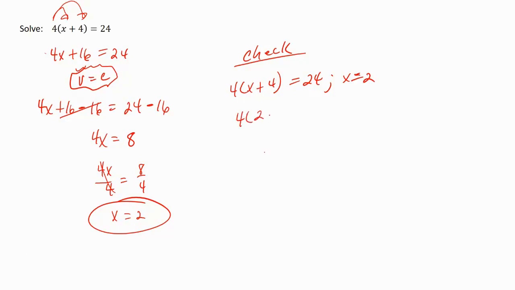So here I'm going to substitute x for 2. I'm going to use the order of operations, so I'm going to simplify what's in the innermost parentheses on the left-hand side. And we see that once we substitute our value of 2 in, it makes both sides equal. So we can verify, in fact, that 2 is a solution.